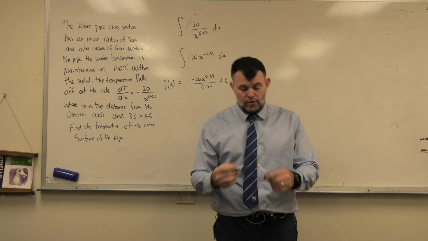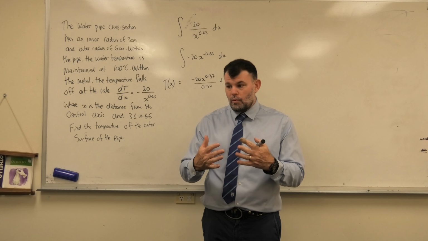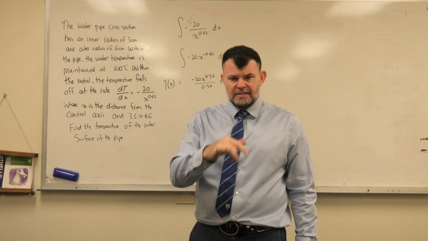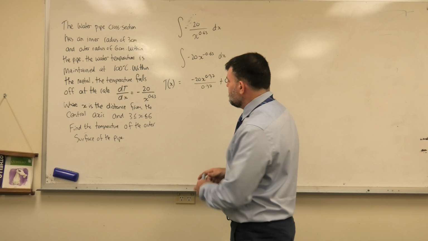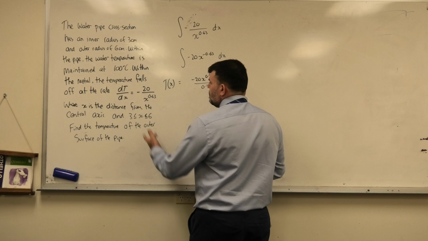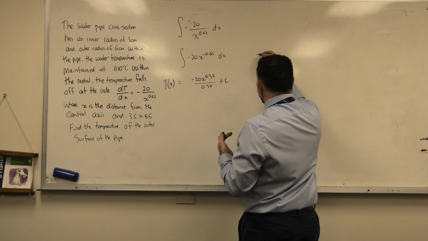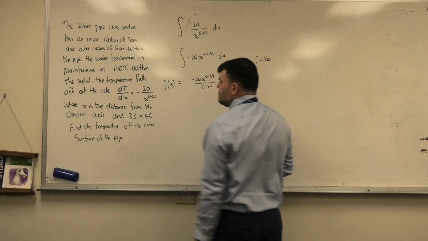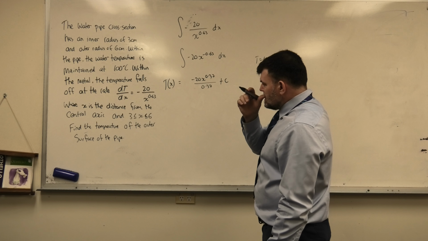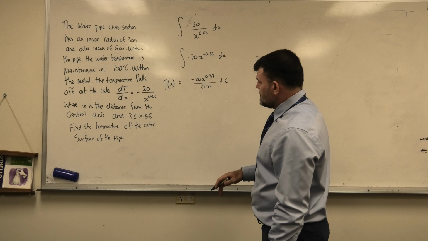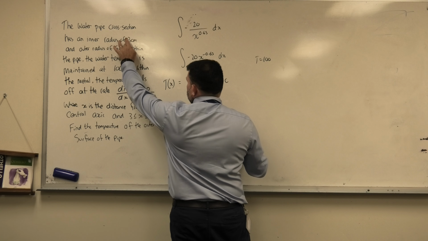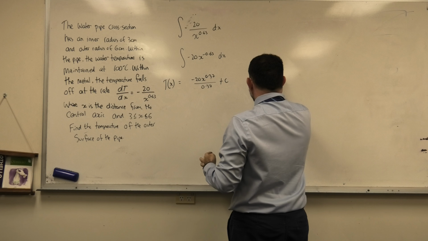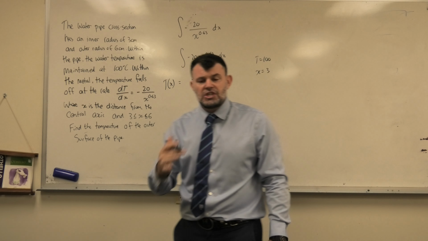In the last video, we were able to work out the initial condition because it was given to us. Here, we have a couple of values we're working with. We know that the temperature is maintained at 100 degrees. We also know that the inner wall is 3 centimeters, and we're trying to find 6 centimeters. So x must equal 3, because that's where we're initially starting from.